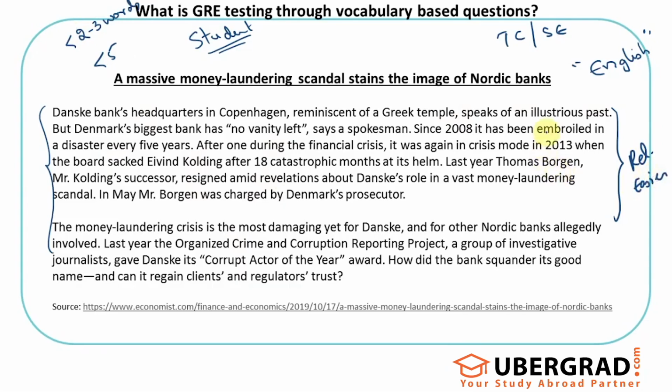Not really hard, but if you don't know words like scandal, reminiscent, illustrious, embroiled, vanity, all of these are easy to medium level words. What I mean by that is that you are expected to know the meaning of these words because they are relatively more frequently used.